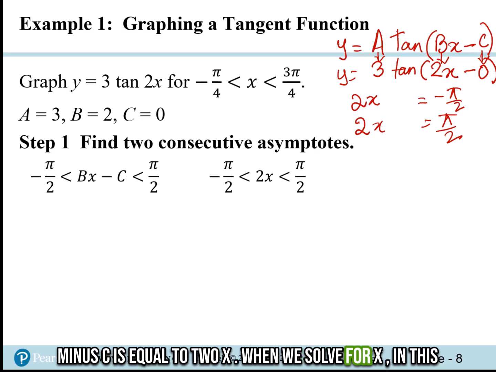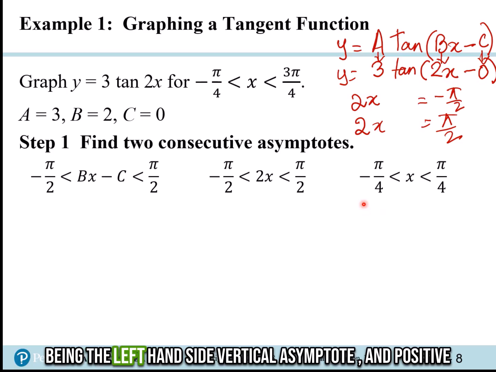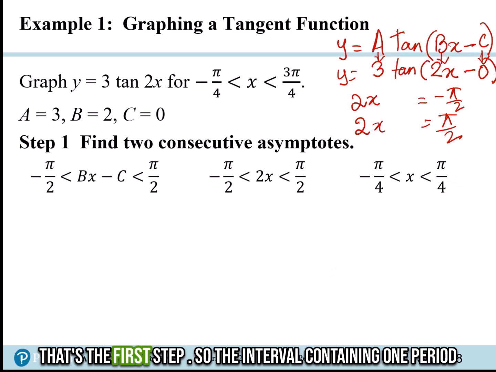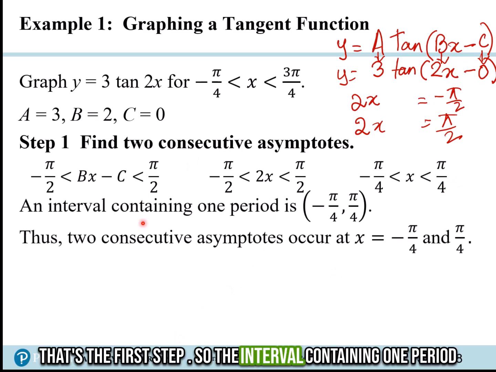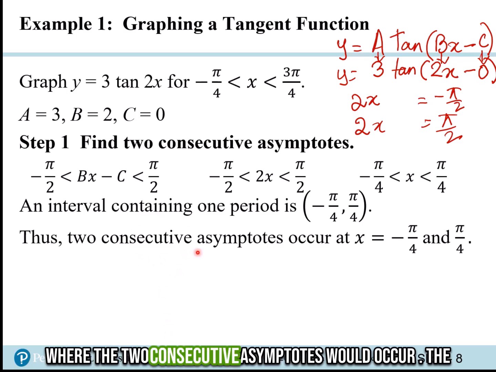When we solve for x in this inequality, we end up with minus pi over 4 being the left-hand side vertical asymptote and positive pi over 4 being the right-hand side vertical asymptote. That's the first step. So the interval containing one period is negative pi over 4 comma positive pi over 4. That's where the two consecutive asymptotes would occur.